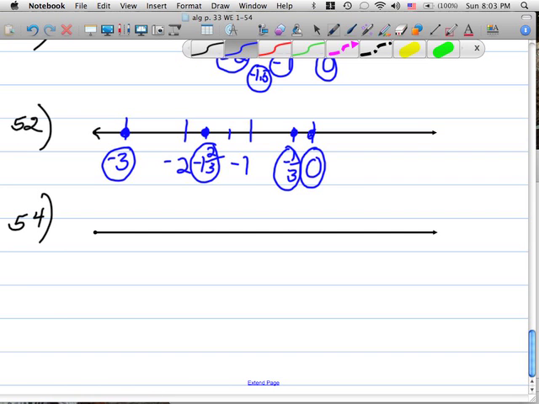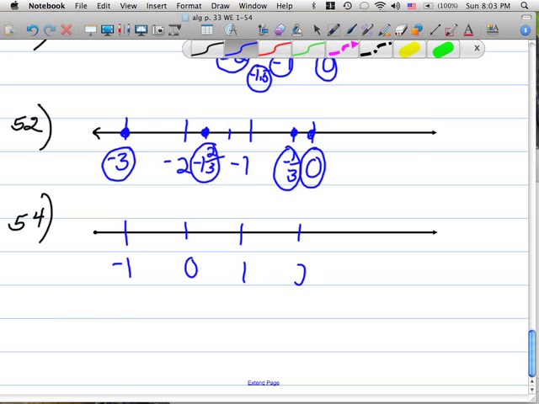And the last problem, 54. We have the largest number is 10/3, which is 3 1/3, and the smallest number is negative 2/3, which is just about negative 1. So here's 0, here's negative 1.